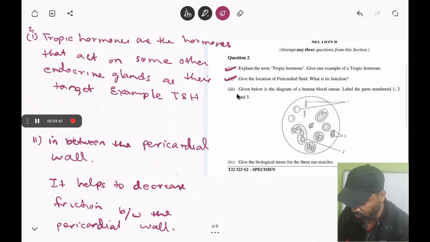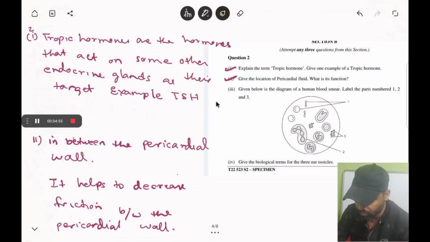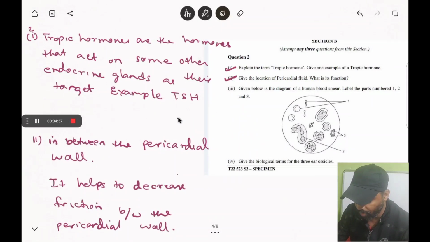Now let us look at 3. Given below is the diagram of the human blood smear. Label the parts number 1, 2 and 3. If you look carefully, part 1 they have marked as RBC.